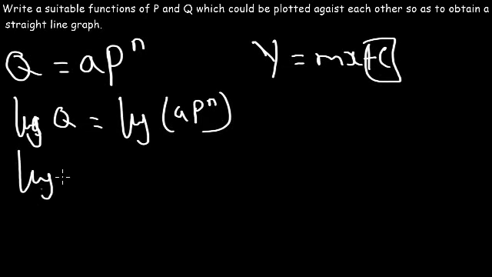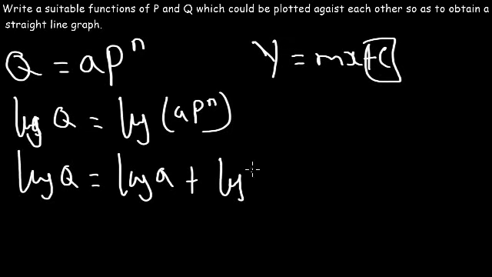So therefore the log of q, using some of the properties of log: the log of two quantities multiplying each other will result in the sum of the logs of the individual quantities, log of a plus log of p raised to the n. Now another property of log is that when you have an exponent like this, the exponent can come to the front and multiply that log.